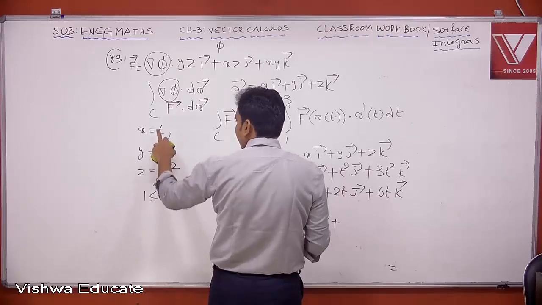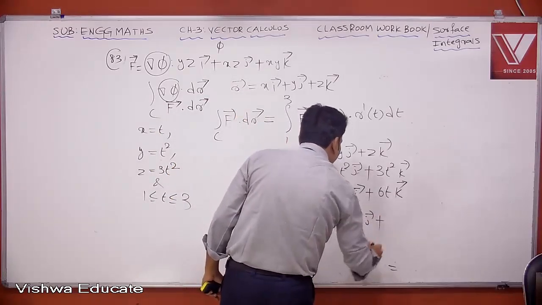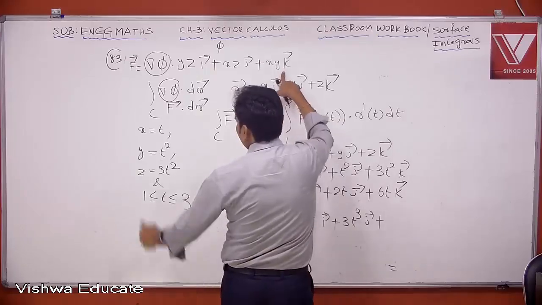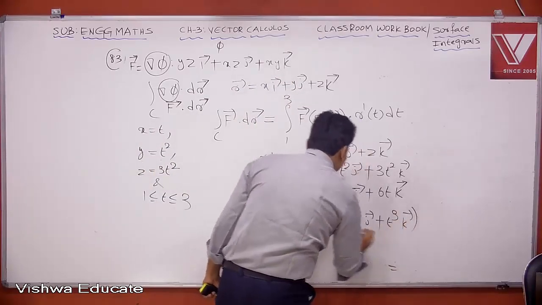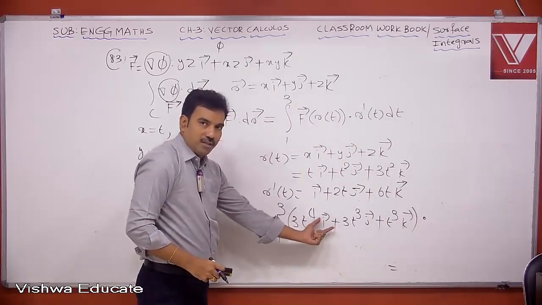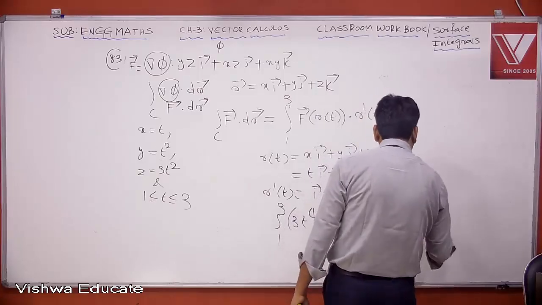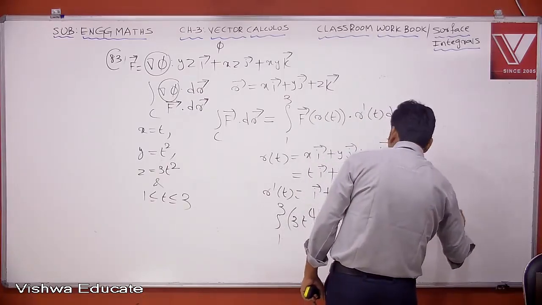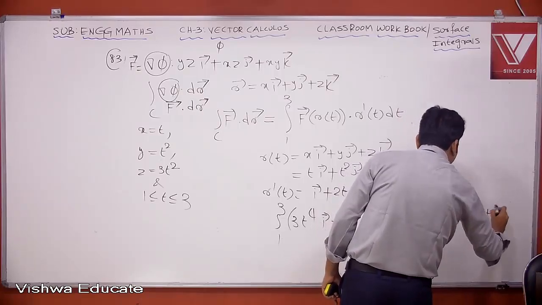What is xz? 3t cube j bar plus next one is xy. Multiply this, we will get t cube, so t cube k bar. Now this is nothing but f bar of r of t. Now r dash of t is this, so this becomes i bar plus 2t j bar plus 6t k bar dt.